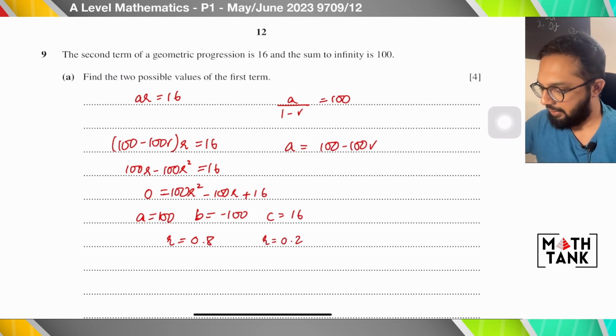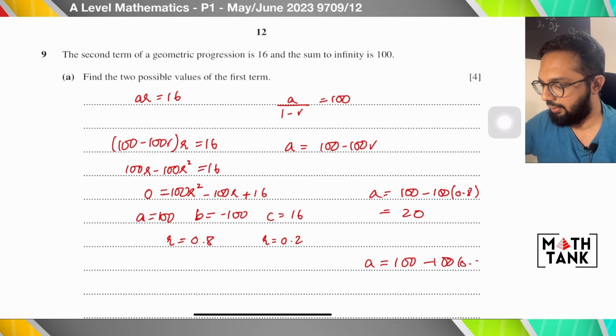So what does that make my first term? My first term could be 100 minus 100 times 0.8, that gives me 20, and 100 minus 100 times 0.2, that gives me 80.